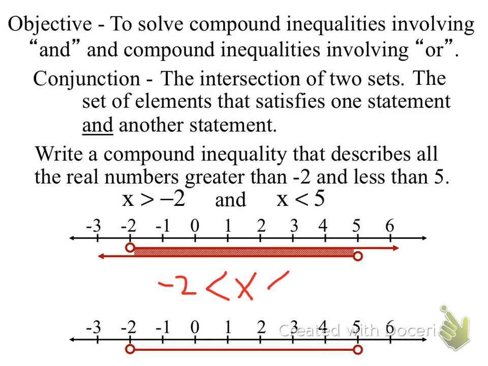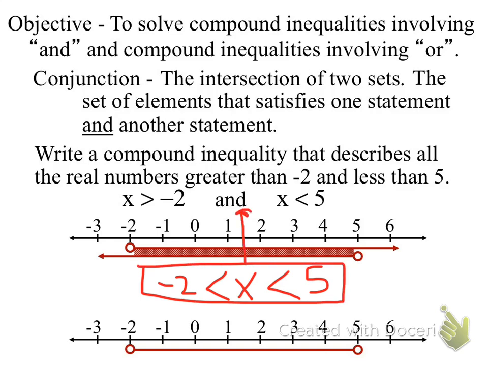But x is smaller than 5. Now notice, this is called an in-between statement, and we can write that only with and statements, not with or. You'll notice the directionality of the inequalities is going in the same way. If you got something where the directionalities were in different ways, it wouldn't work.